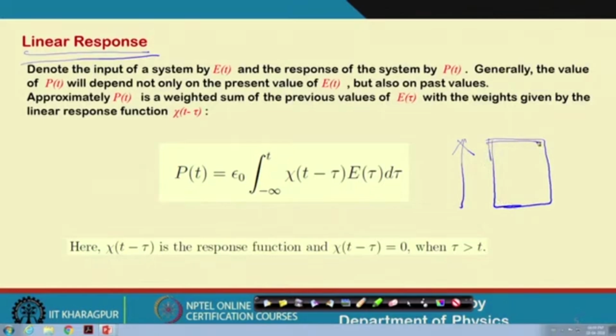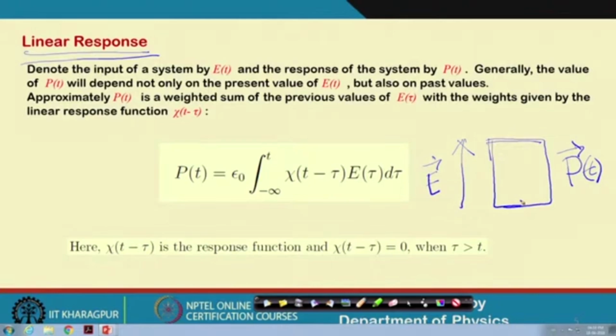Here the response is in terms of polarization. So, I launch an electric field, which is a vector, this is my cause, and as a result I get the polarization, which is the effect. Launching the electric field is a cause and I get some kind of polarization inside the material, that is the effect.